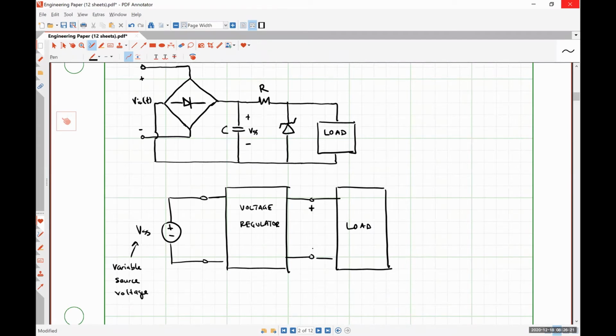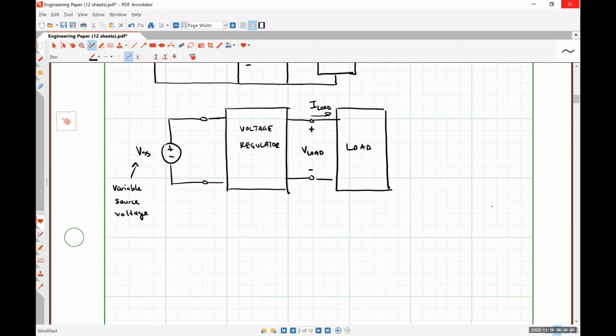Where this is V load and this guy is I load. All right. So our voltage regulator circuit, this guy here, is really just this part of that top configuration.